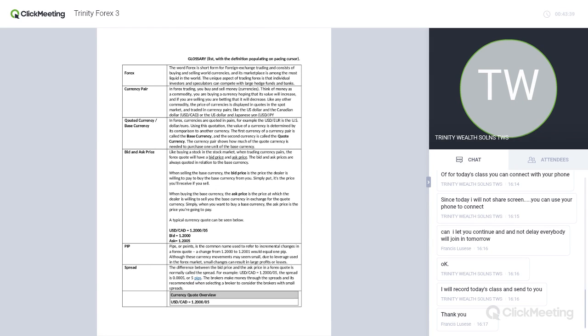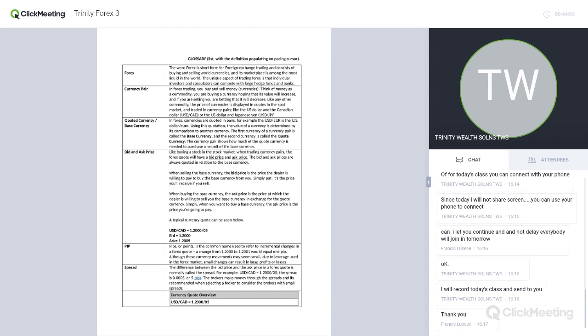Each pair has its own cost, or rather number of dollars per pip, which is plus or minus $10. Then we have the word spread, and the difference between the bid price and the ask price in a Forex quote is normally called the spread. It is like the markup or the margin in a normal market setup.